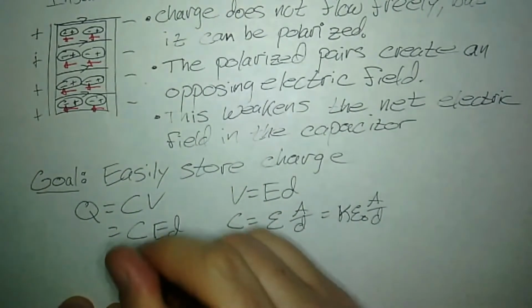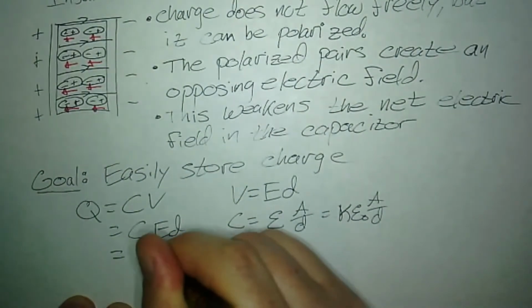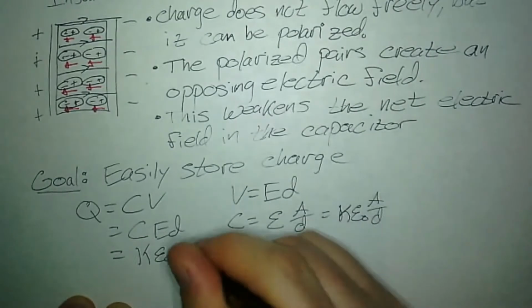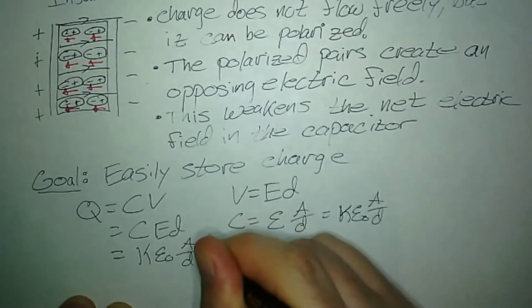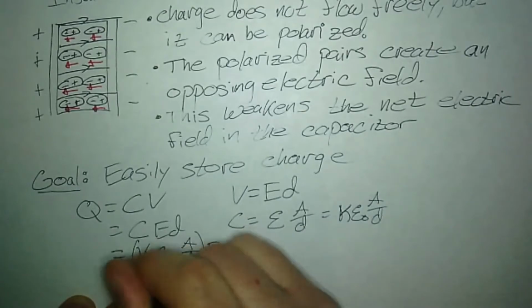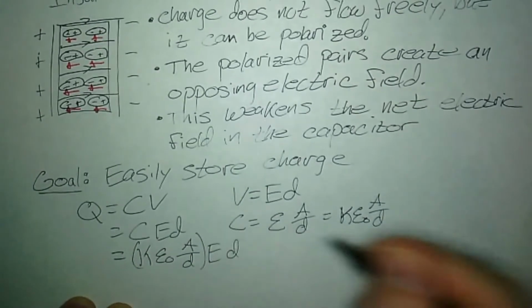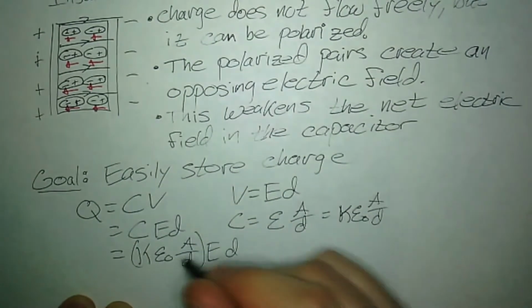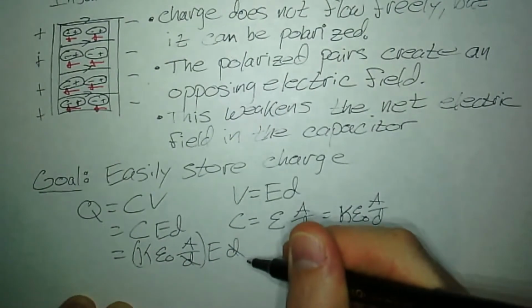So this is now going to be kappa epsilon naught A over D times electric field times distance, right? So these D's cancel.